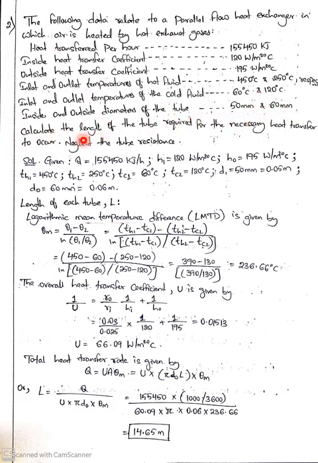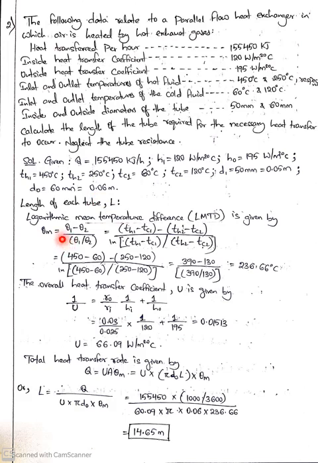Now what is he asking? To calculate the length of the tube. But he is telling us to neglect the tube resistance. These are the parameters he has given, just note them down.